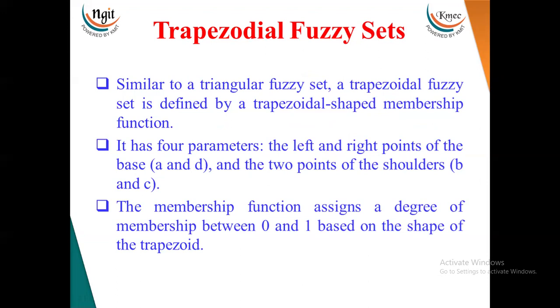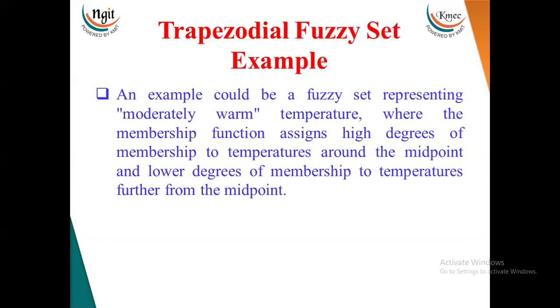An example is the representation of moderately warm, with values like low warm and high warm. For moderately warm, the membership function assigns high degrees to temperatures around the midpoint and low degrees further from the midpoint.